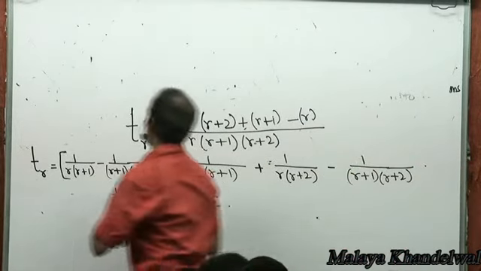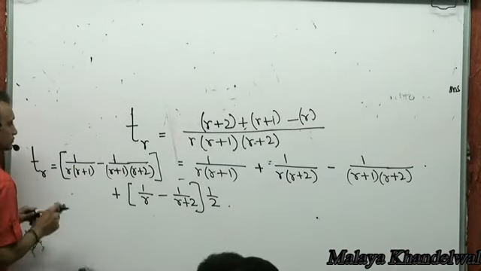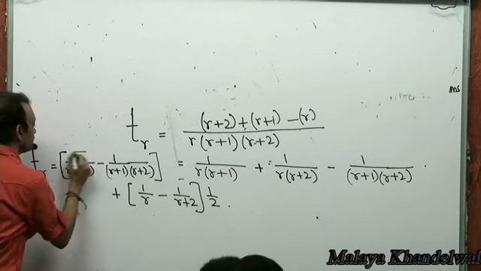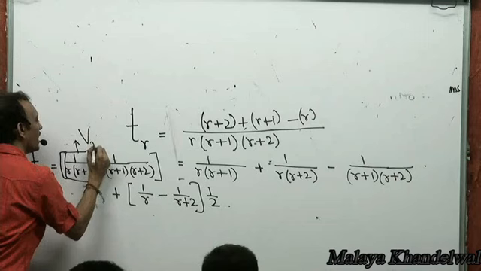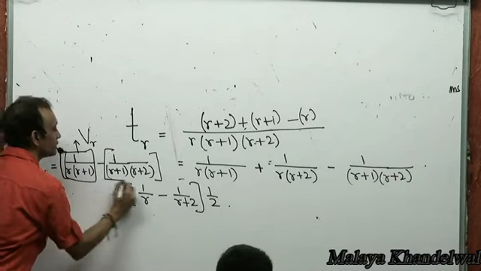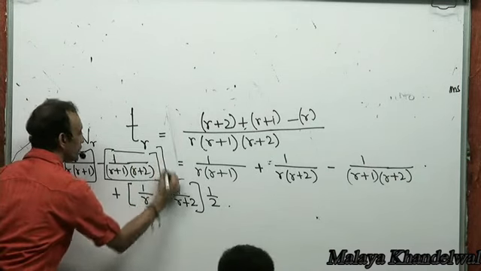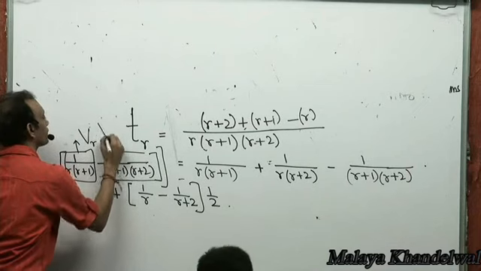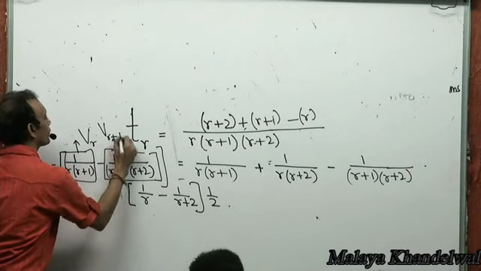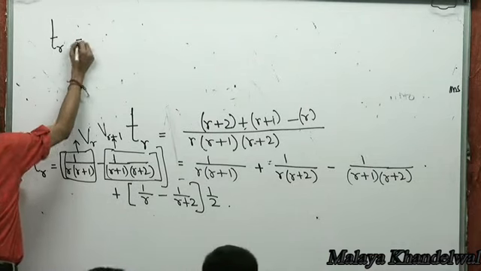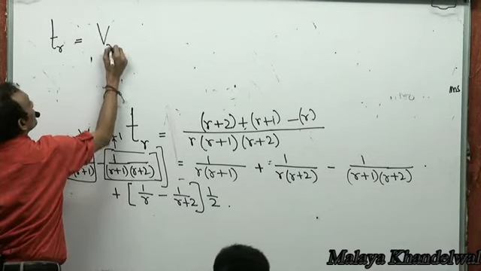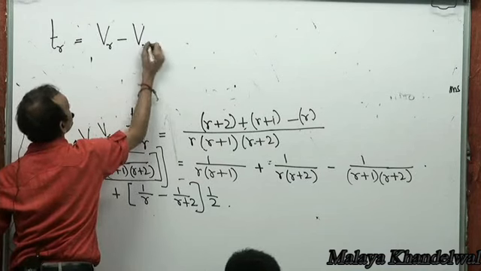So, if this is VR, then what would this be? VR plus 1. Right? So then TR could be written as VR minus VR plus 1.